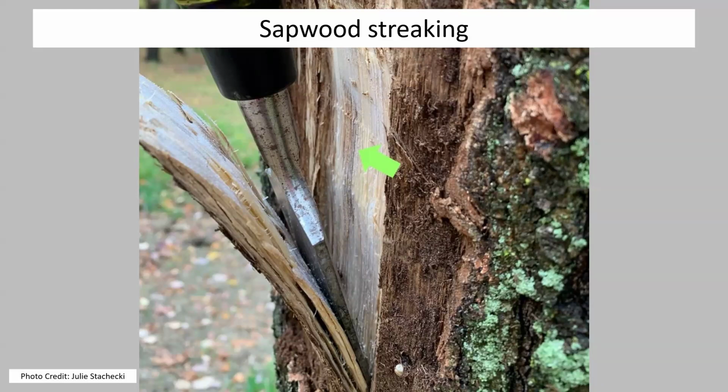And I also want to make sure that it's clear that a lot of the images I have here are not my work. A lot of them come from Michigan State or Ohio State universities, and I want to make sure the people who took those images are getting credit for their work. Now that little dark streaking you see there in smaller branches where that 1 inch diameter comes into play, you can cut into those branches and you will see that streaking go all throughout them. And it's very, very obvious when you find it.